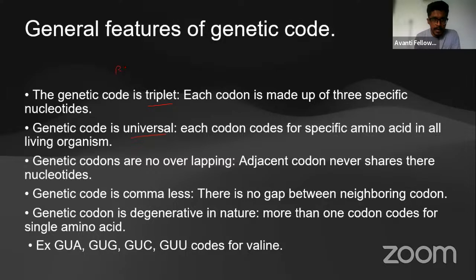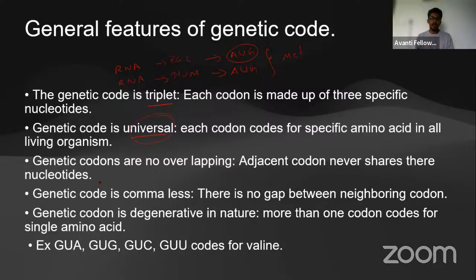So in the RNA of bacteria and in the RNA of humans, the code AUG in both of them codes for methionine. So this is the universality. If AUG codes for methionine, it is the same for you, a bacteria, an amoeba, a dog, etc. That's what is called the universality of the genetic code.